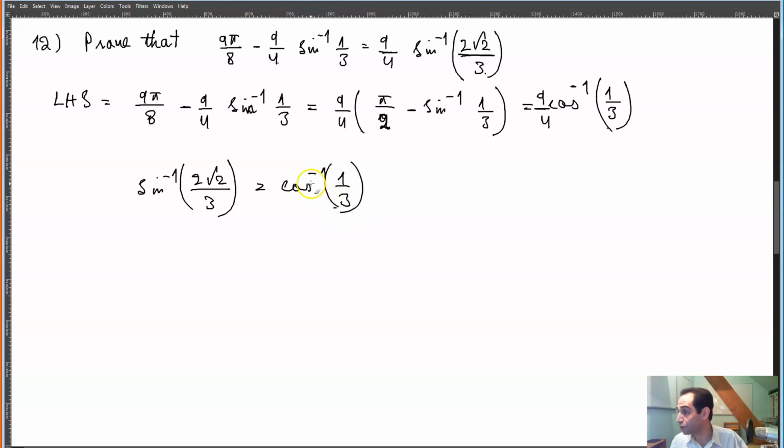Now, how can I do that? So the sine inverse and the cos inverse.